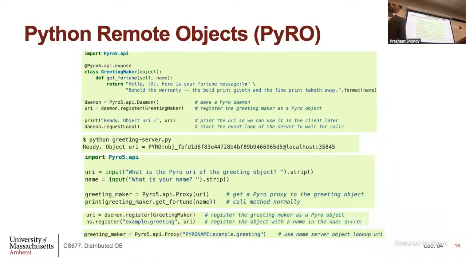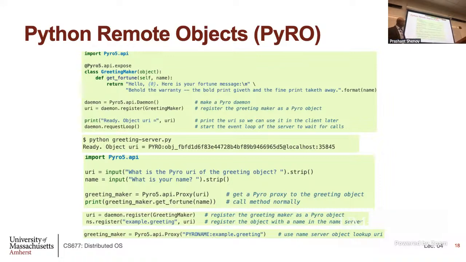The server is going to just sit in a loop and wait for RMI or methods to come over the network. See that you have not written any socket code or anything like that. It's just simple. You wrote some class, you made a daemon, you registered the object, and then you said start the server.